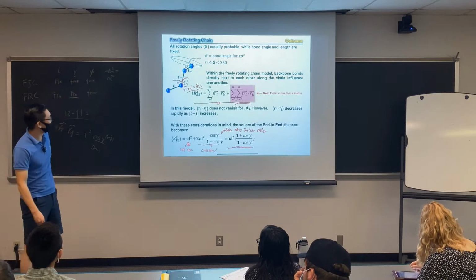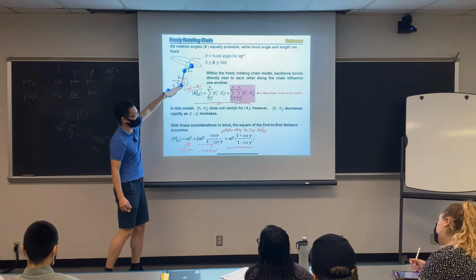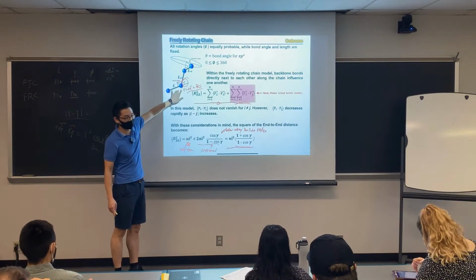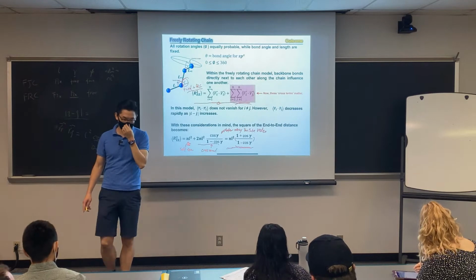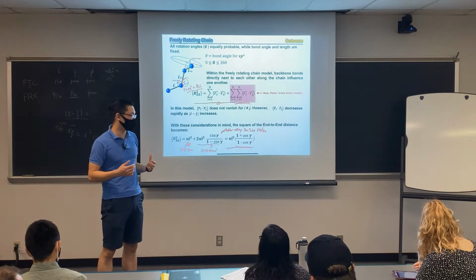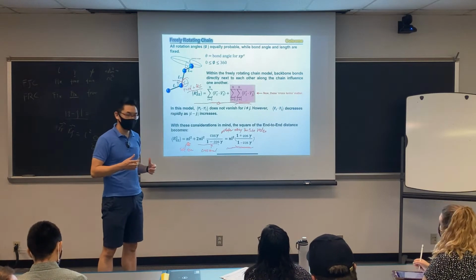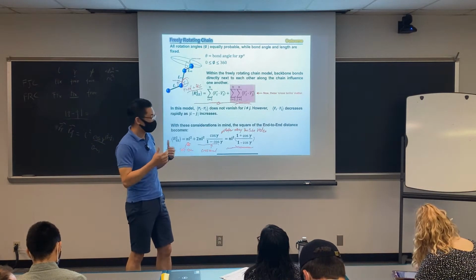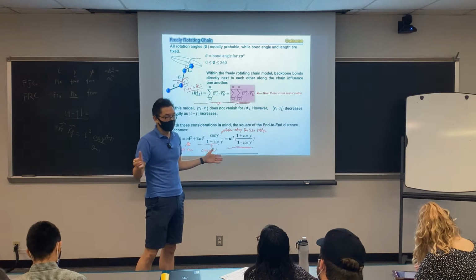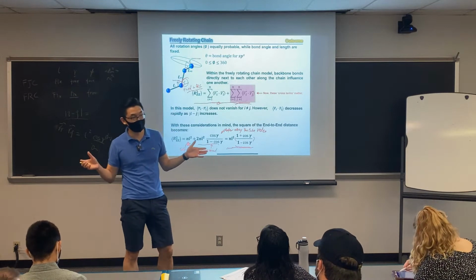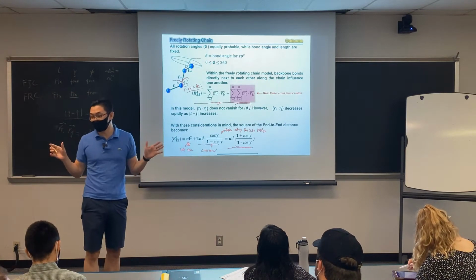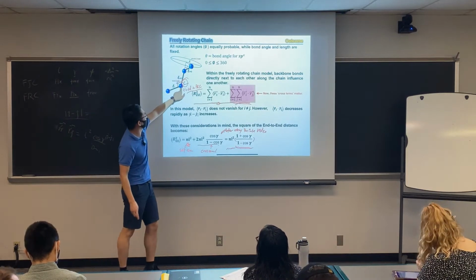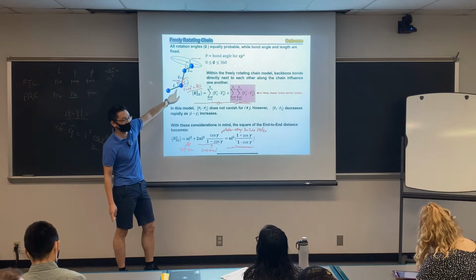So the longer the chain is, the further the bond is going to forget where it comes from. Pretty much like genetics. If you're coming from, like me, an Asian family, and I have kids, the longer the generations, the more mixed, they're going to lose the Asian appearance or something like that. This is similar: the longer the chain is, the more it will lose the directionality of the previous bond.